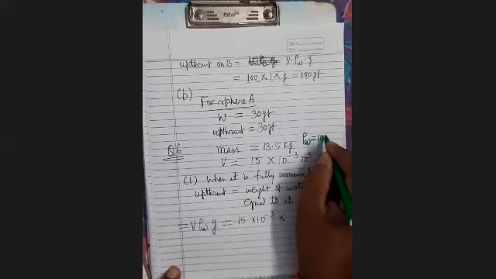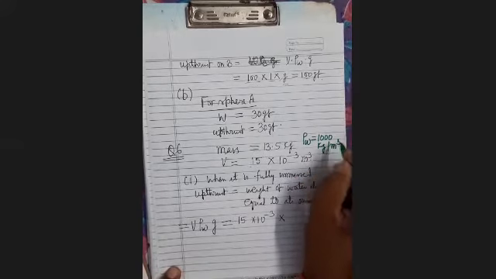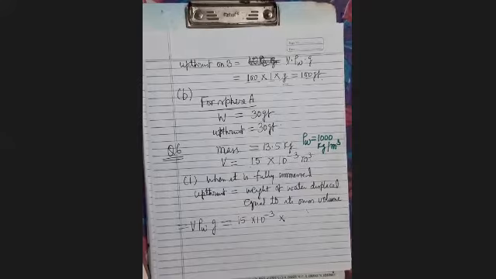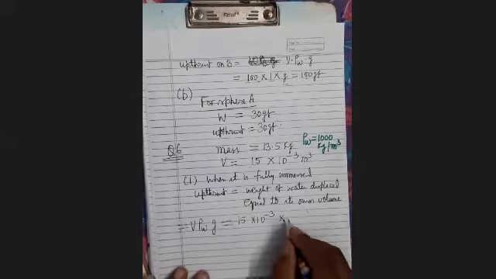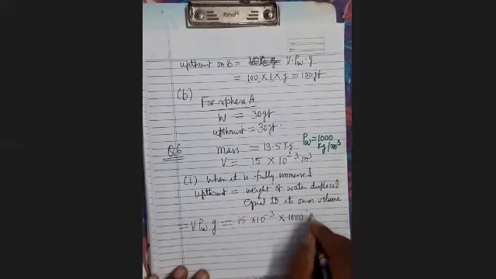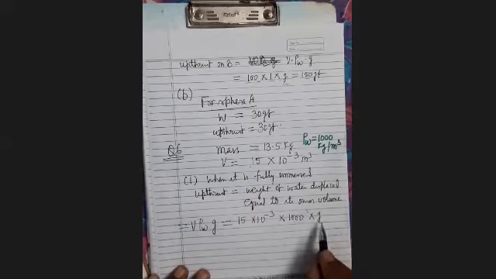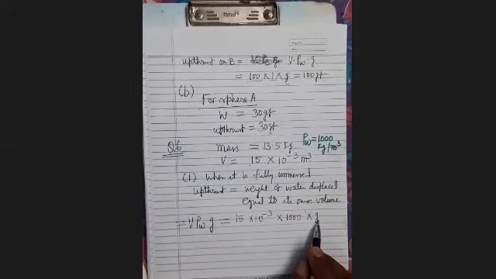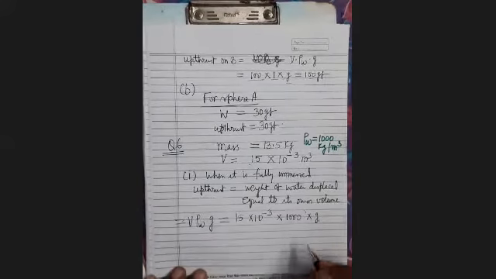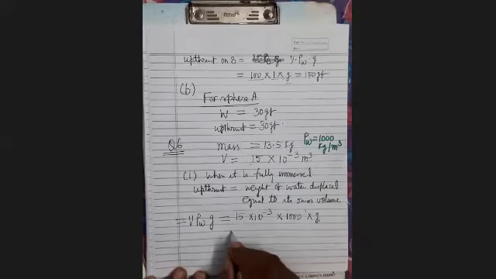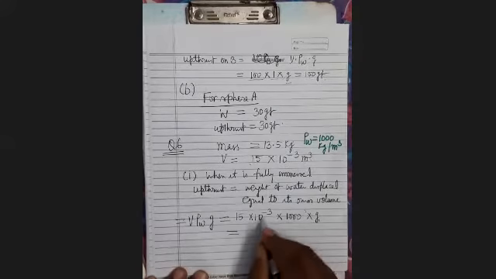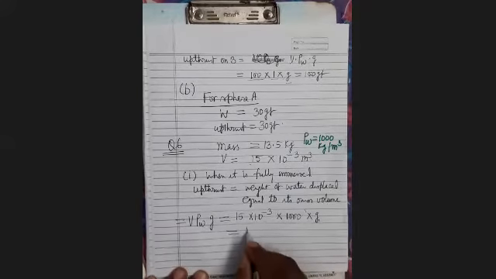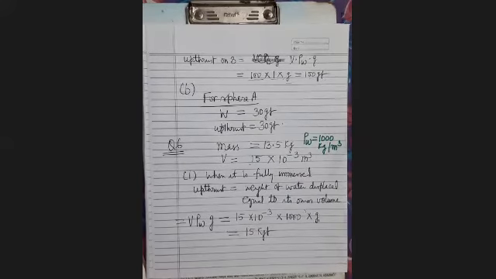At the last, it is given. So into 1000 into G. If you substitute the value of G, answer will come out in Newton. If you don't keep the value of G, answer will be in kgf. So 1000 and 10 to the power minus 3 cancel, that is 15 kgf. It will be 15 kgf.